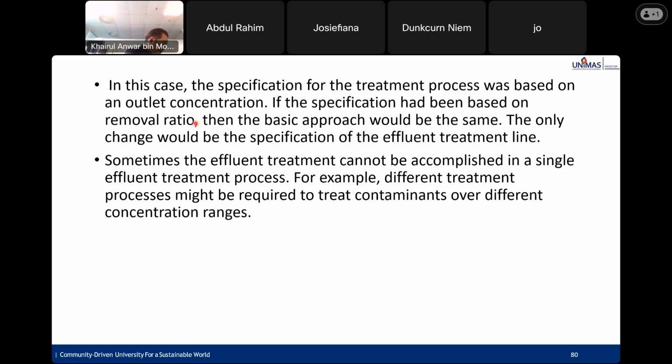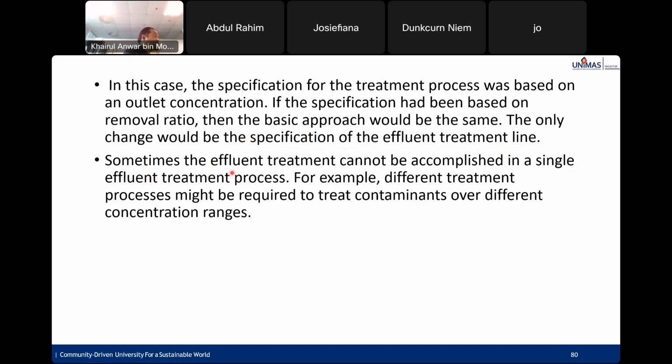That one you can refer to example 26.2 in this slide. If the specification had been based on removal ratio, then the basic approach would be the same. The only change would be the specification of the effluent treatment line.